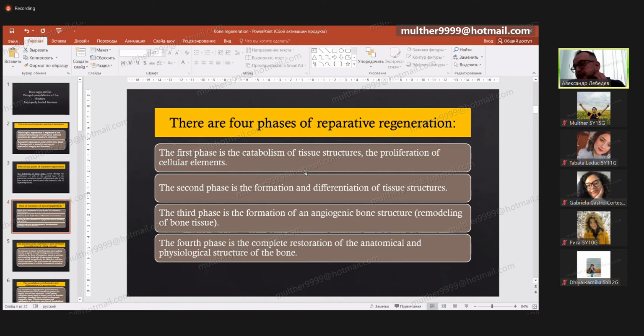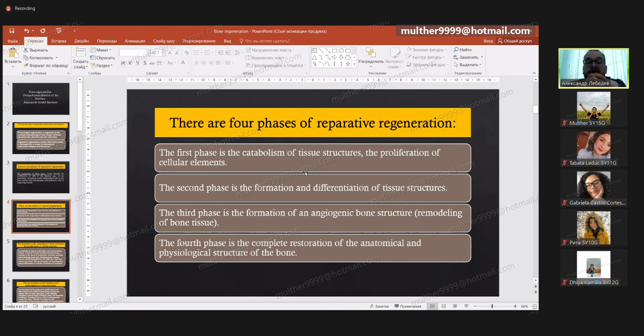The first primary cells, which start to be present in the line of the fracture, change, or start to acquire new tissue characteristics, which guarantee differentiation into the special kinds of bone cells.